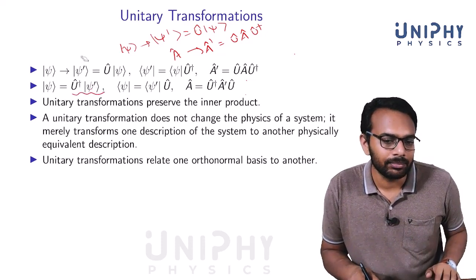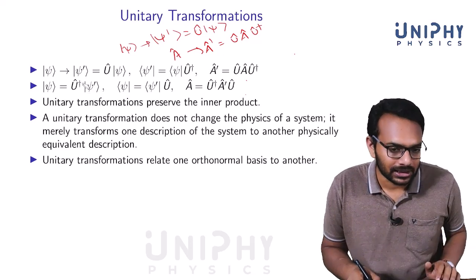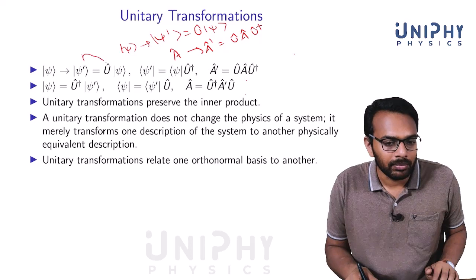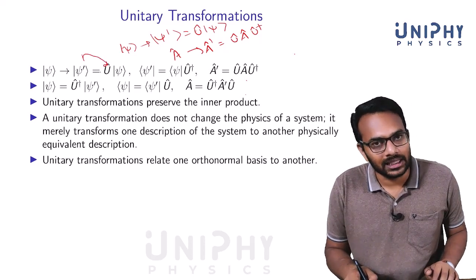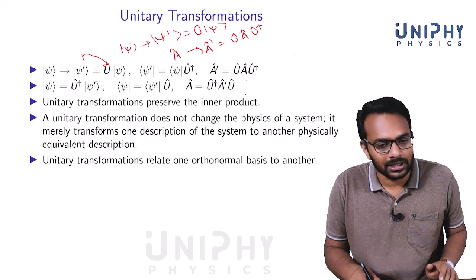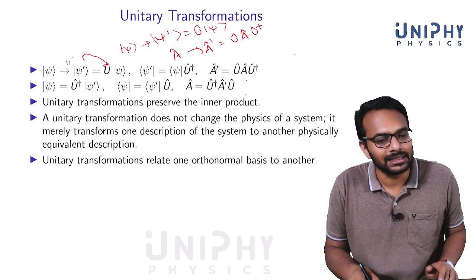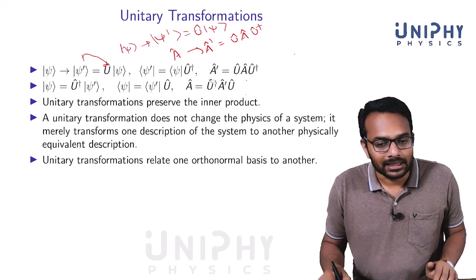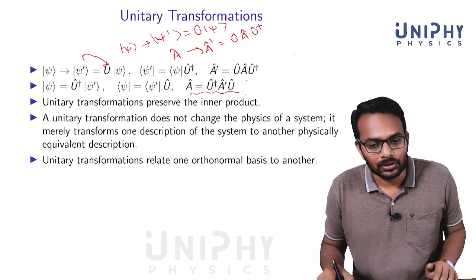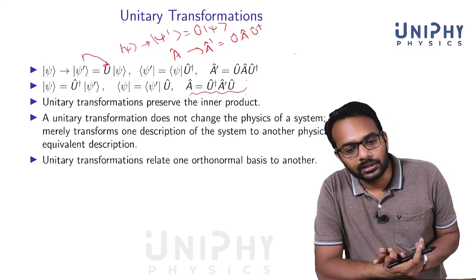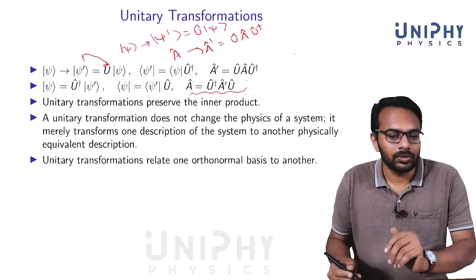You take psi prime and make an inverse unitary transformation, you will get psi, obviously, because you got psi prime by doing a unitary transformation on psi. Or you can just multiply by U dagger on both sides and see. And the corresponding transformation is A is equal to U dagger A prime U.